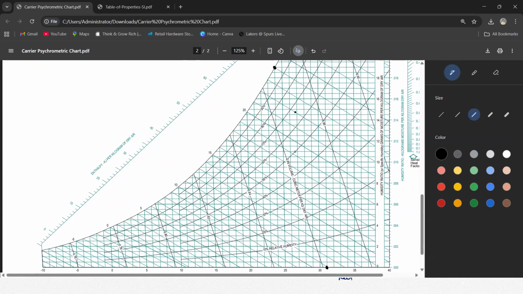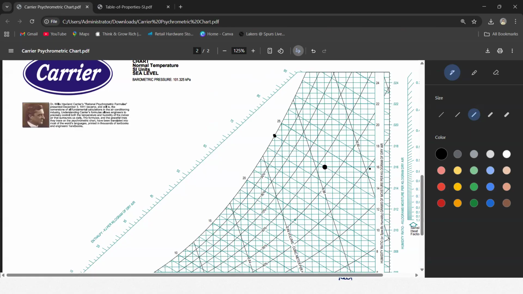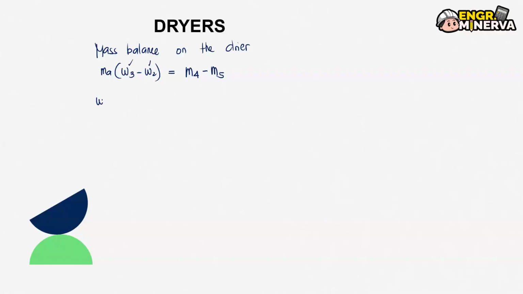So they intersect, and this is our point. At this point, what is our humidity ratio? Our humidity ratio at this point, W1, is 0.016 kilogram of moisture per kilogram of air. So that is also our W2, because they are equal.